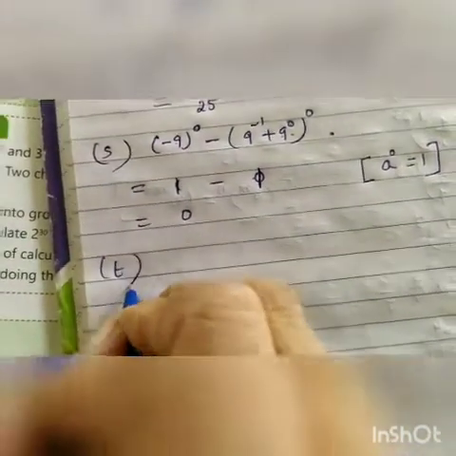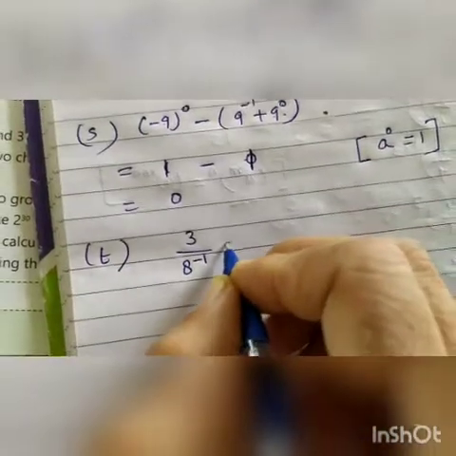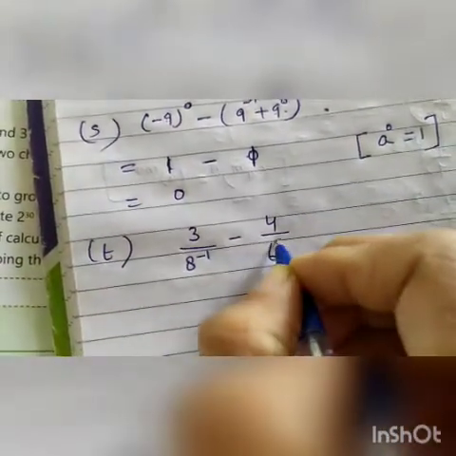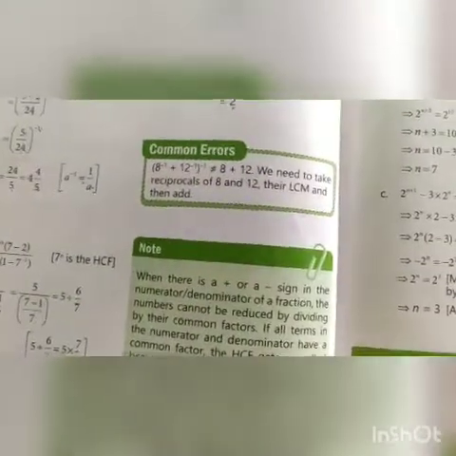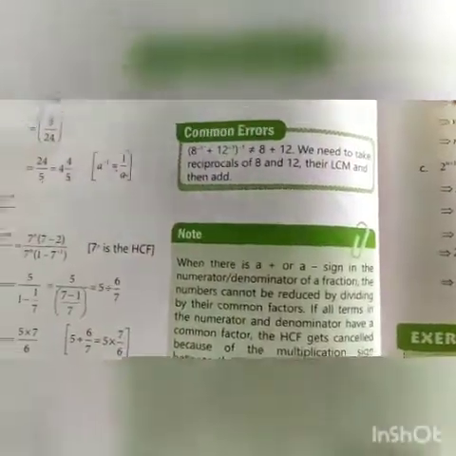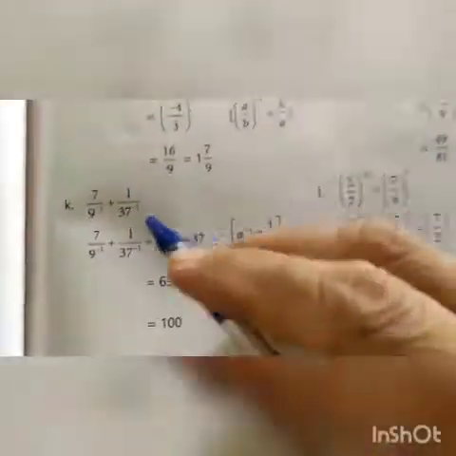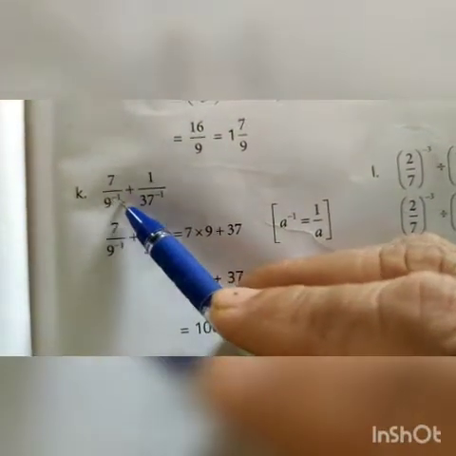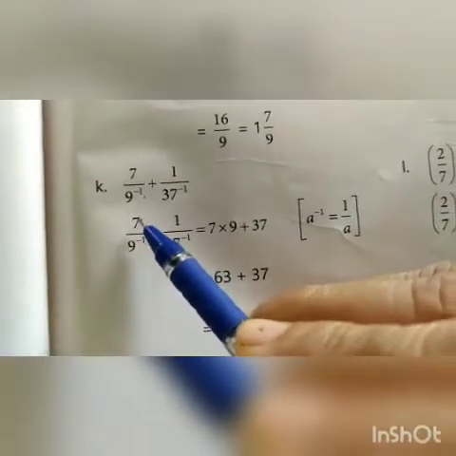Then T part. T is 3 upon 8 power minus 1 minus 4 upon 6 power minus 1. It is just like example K. See example K. See here. 7 upon 9 power minus 1 plus 1 upon 37 power minus 1.